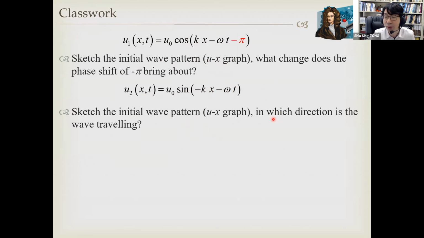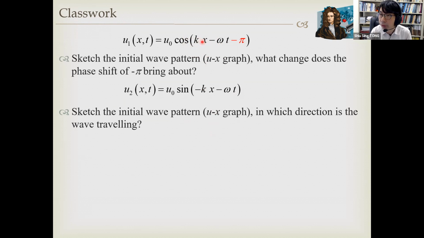Can you do it now? It may be better if you sketch the cosine curve first. You put time t equal to 0 because you are talking about the initial shape of the waves.